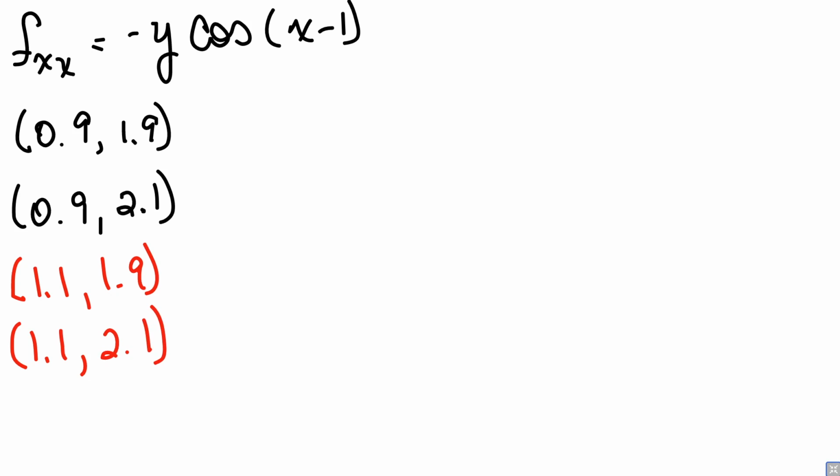The reason why I'm ignoring the second two is because of our property for cosine. The cosine of a negative angle is equal to the cosine of the positive angle. It's the fact that it's cosine that we're allowed to do this. If it was sine, we would need to check all of them.